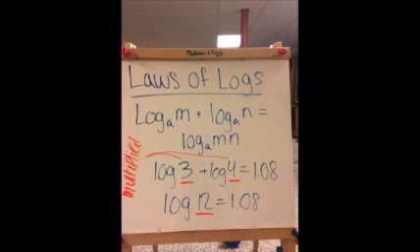The next law is that log base a of m plus log base a of n equals log base a of m times n. This can be shown through log 3 plus log 4, which equals 1.08, while log 12 also equals 1.08. Now 3 times 4 is 12, proving this law.